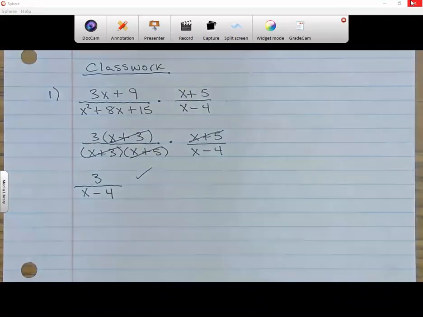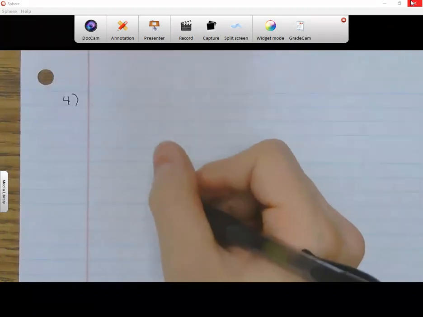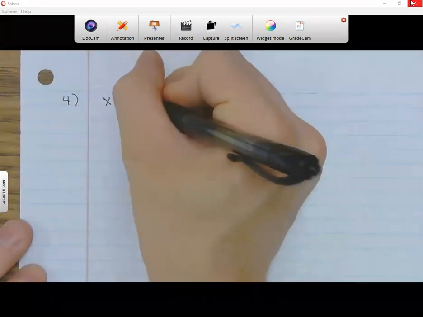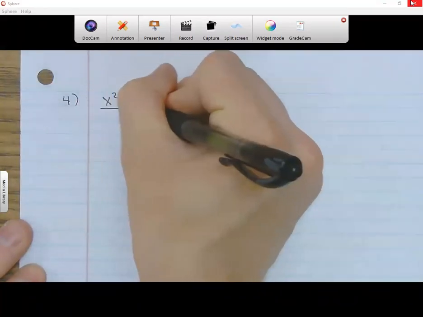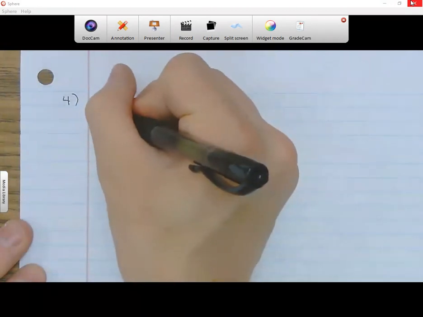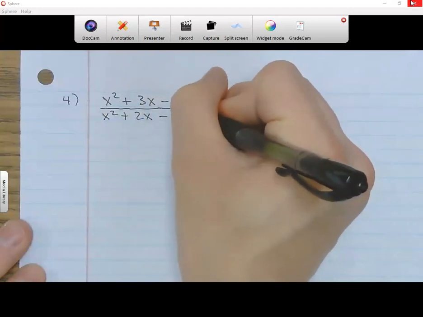Okay, let's try number 4. And I'm going to need a separate sheet of paper for this. All right, let's do number 4. Okay, I got x squared plus 3x minus 40 and x squared plus 2x minus 35.